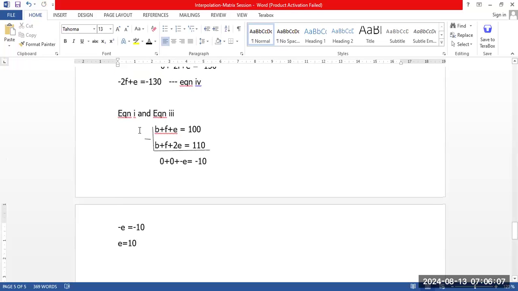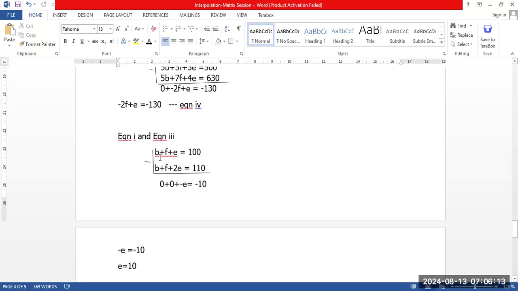But if you solve equation 1 and 3 and you don't get this, it means that as you solve equation 1 and 3, your focus is to create a relationship in the form of F and E, so that you can solve equation 4 and 5 simultaneously.